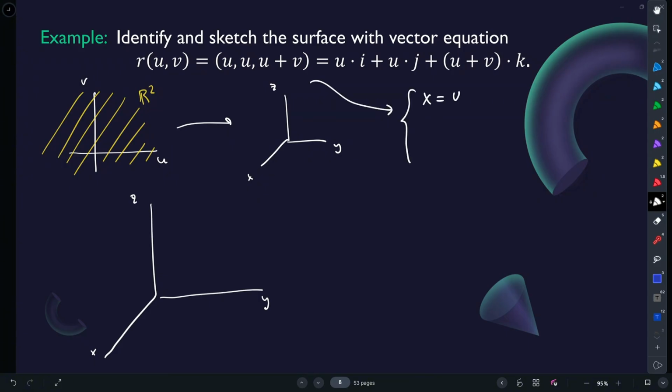One thing I can do to start is what I did before. This tells me that x is u, y equals u. That tells me that the x and the y coordinates are always the same. And the z coordinate is u plus v. So I can try to figure out, for example, what is the intersection with the plane x equals 0, which is the yz plane.